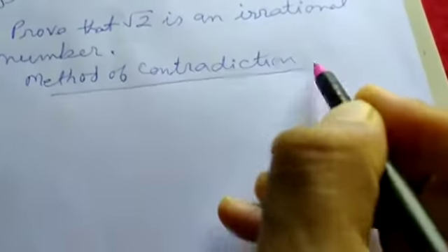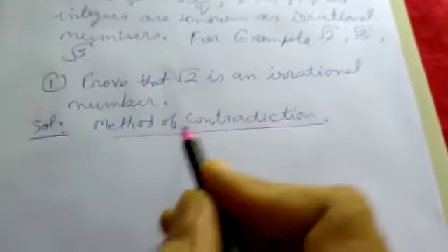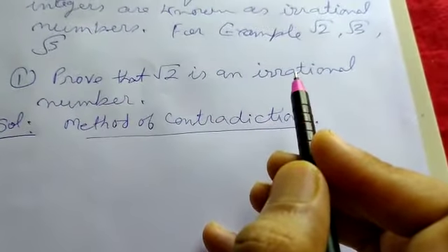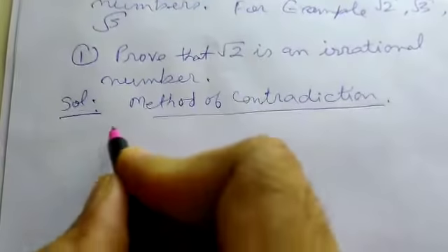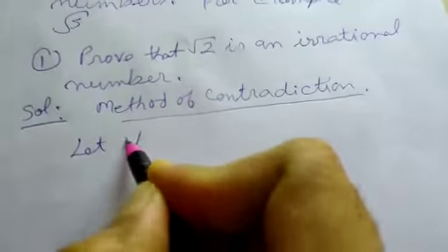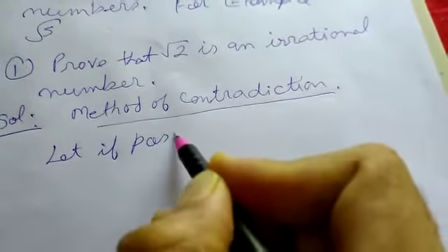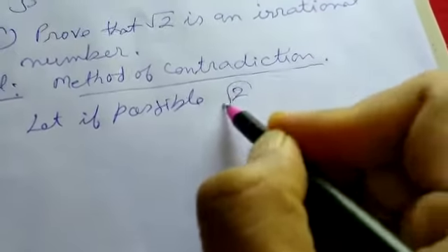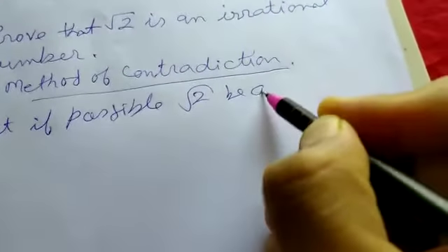So what we'll do basically is that we'll take the opposite of irrational. Opposite of irrational is rational. So let, if possible, root 2, square root of 2, be a rational number.